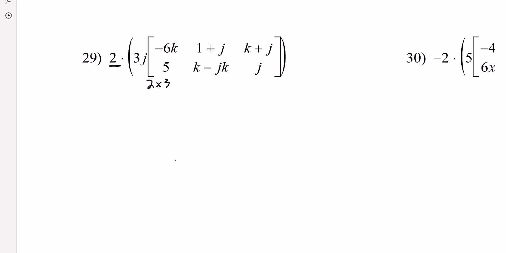So what we really could do, so that you're not having to show the matrix 3 times, we could just rewrite it as 2 times 3j times that matrix, which is a 2 by 3. All right, so we're going to do that.